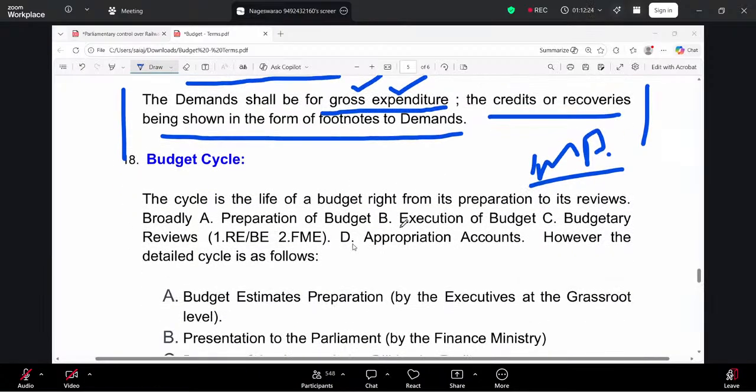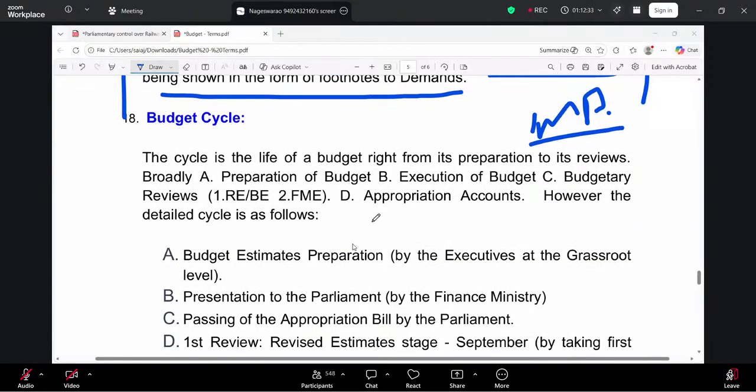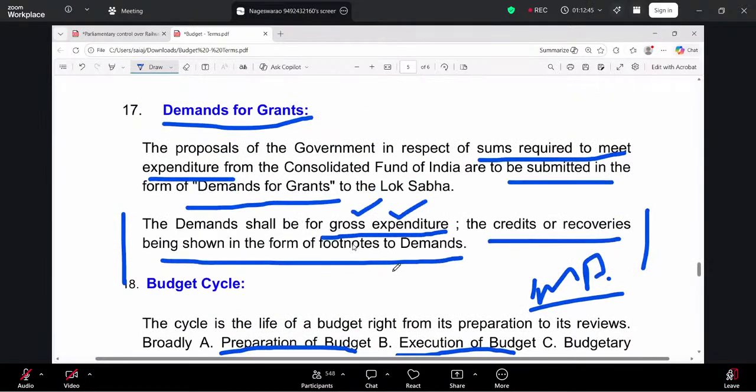The budget cycle is also very, very important. What is the budget cycle? Examination point. Please check. First it is the preparation, then execution, then reviews, then appropriation accounts. That's it. So first is the preparation of the budget.